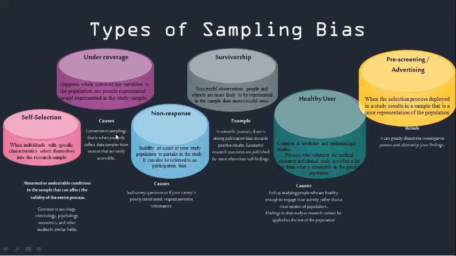Because of convenience sampling, the researcher himself decides whom to select and whom not to select. So maybe he has selected in such a way that a certain part of the population has not been selected at all, and there has been selection from the other part. That means there is under coverage from the part of the population which has not been selected.